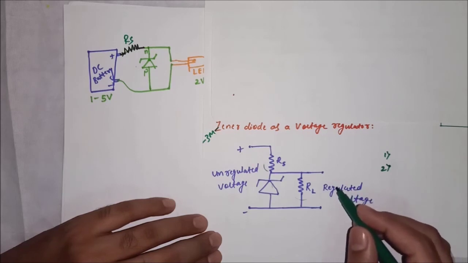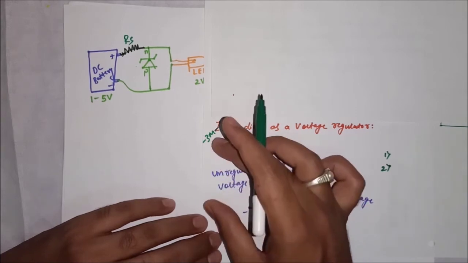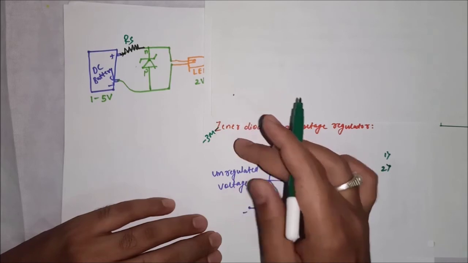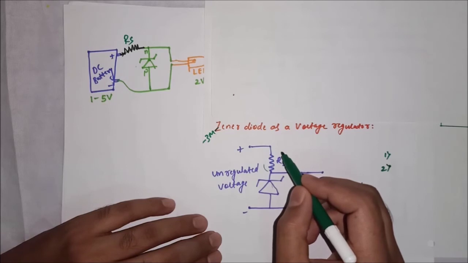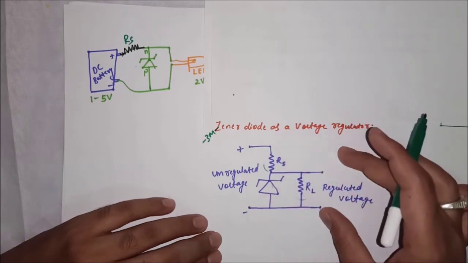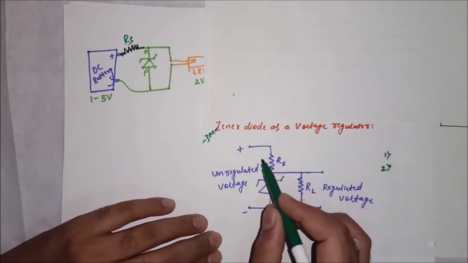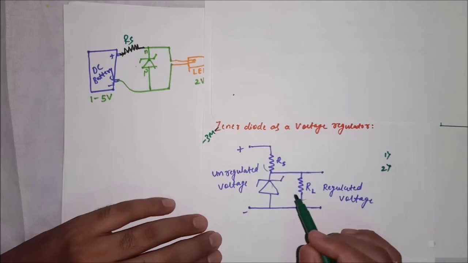So any change in the input voltage results in a change of voltage drop across RS without any change of voltage across the Zener diode. Thus, the Zener diode acts as a voltage regulator. This explanation you must write.